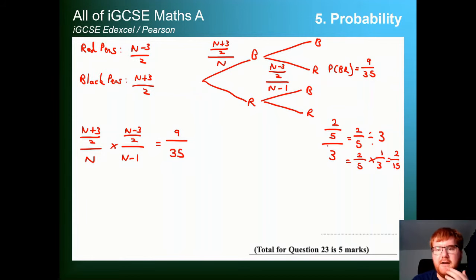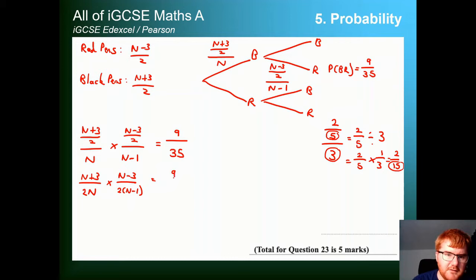So to simplify this, I can just take the 5 and 3 here and multiply those together and put in a denominator. Notice 5 times 3 gives us the 15 here. So what I'm going to do to tidy this up is just bring the 2 and the n together. And I can do the same thing at the bottom here. 2 brackets n minus 1 is equal to 9 over 35.